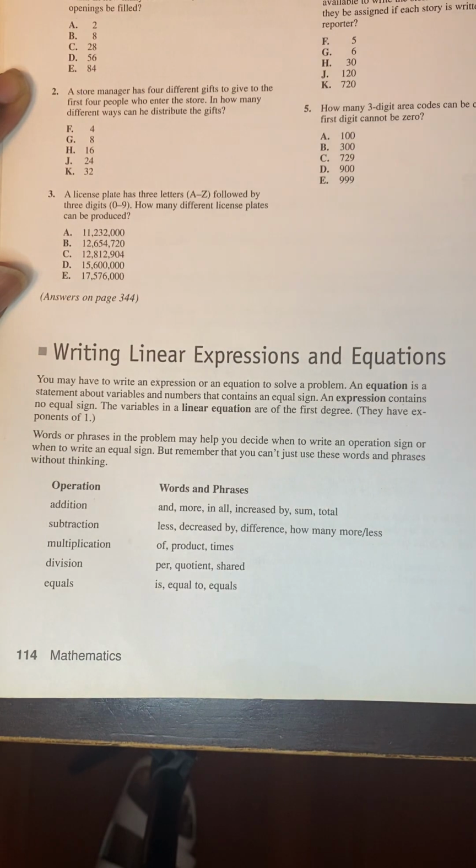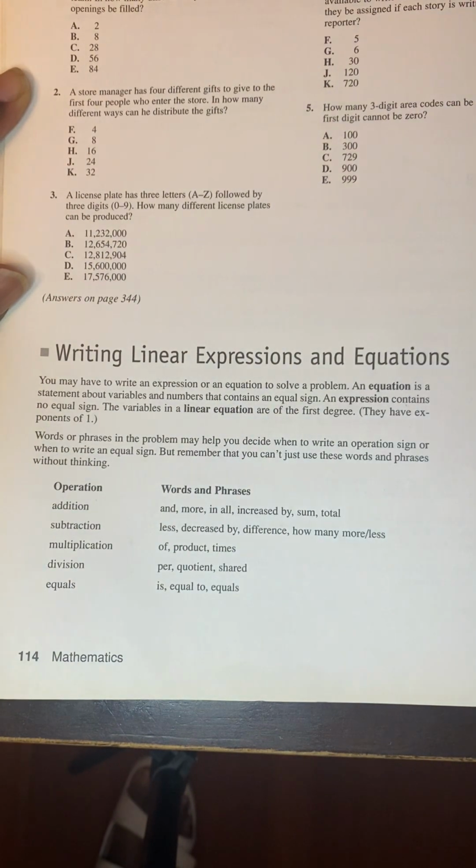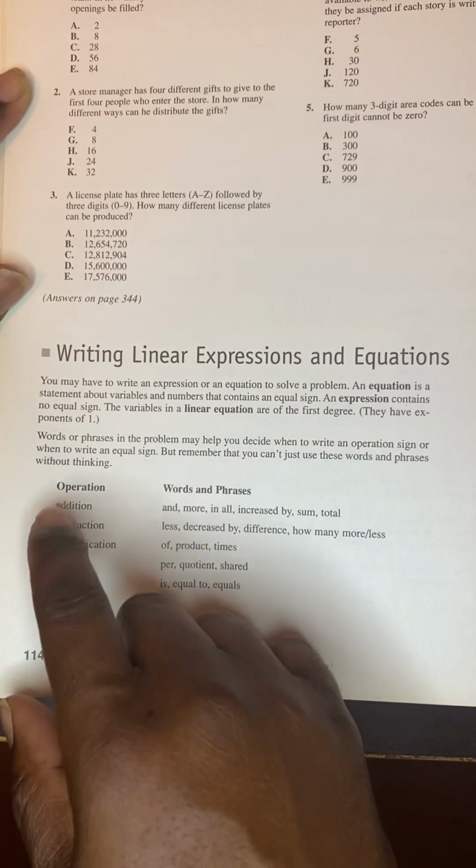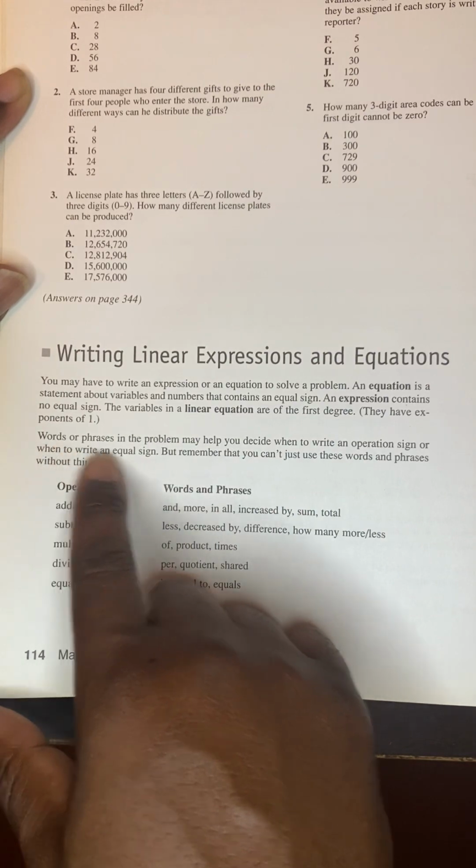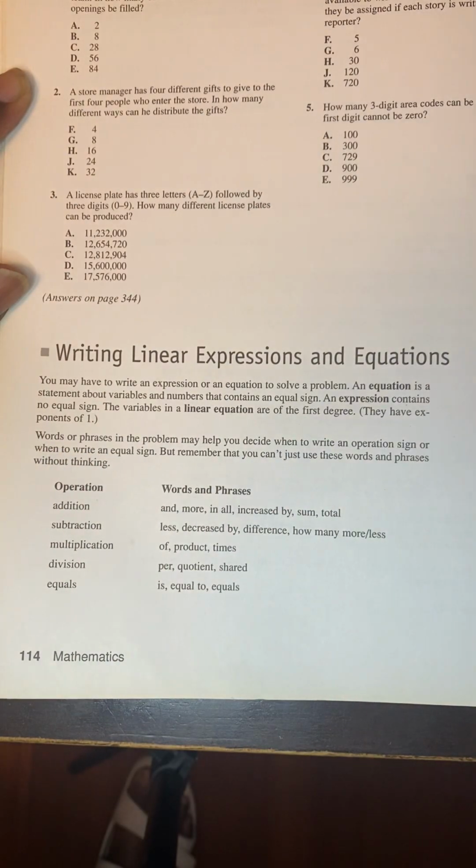So again, sometimes you may have to write an expression, or sometimes you may have to write an equation, or choose an answer that represents an equation or represents an expression. And again, equations are statements that do have an equal sign, and expressions are algebraic statements that do not have an equal sign.